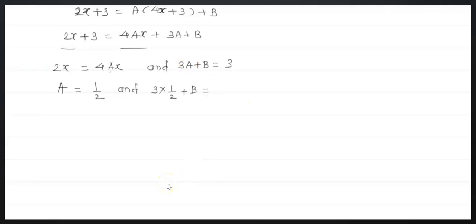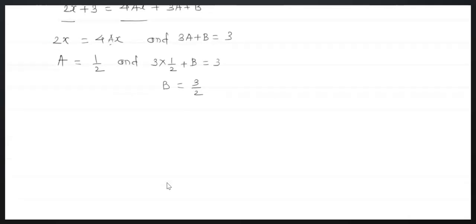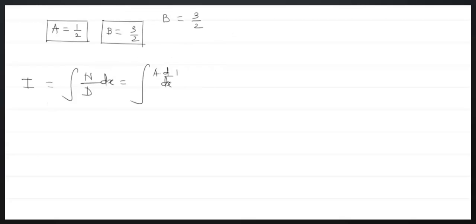You will get the value of b. b is equals to 3 minus 3 by 2, that is 3 by 2. a is equals to 1 upon 2, b is equals to 3 by 2. These are the values. I is equals to numerator upon denominator into dx. The same form is here.